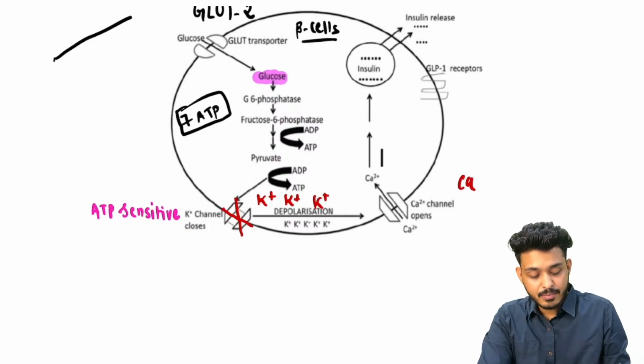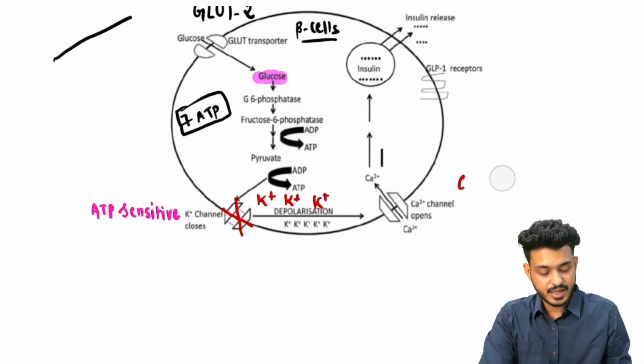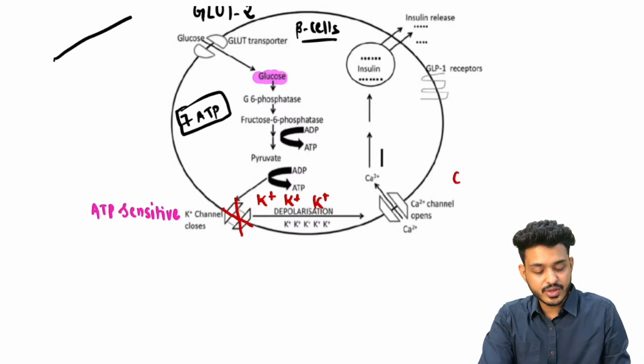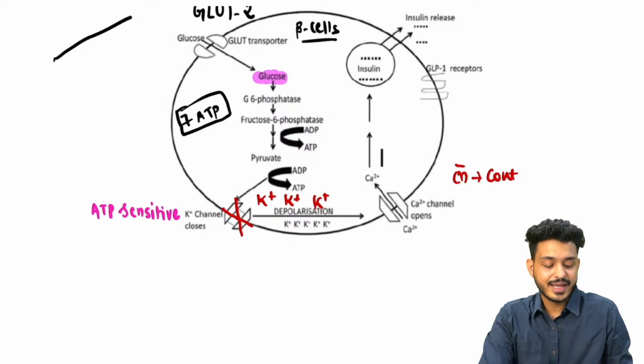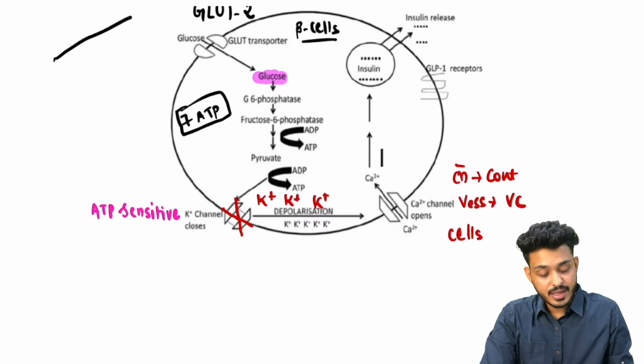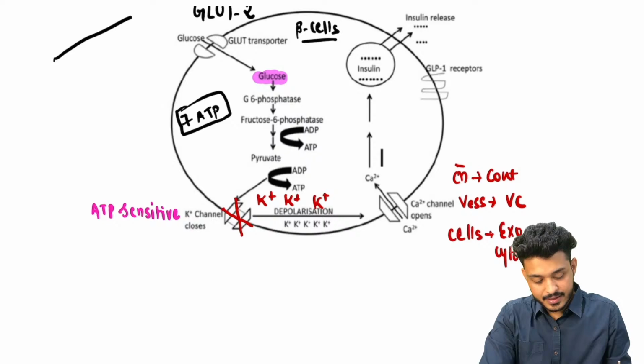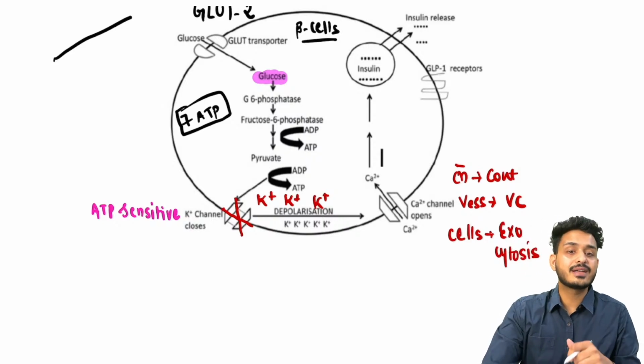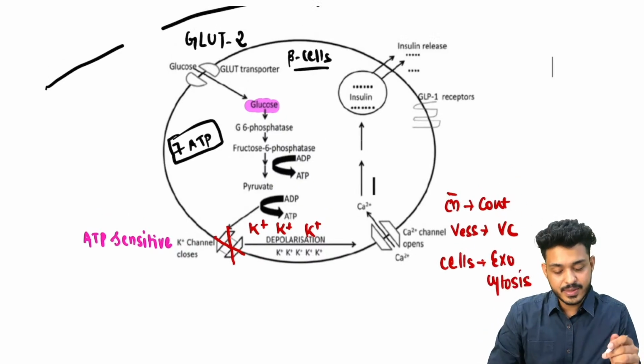Calcium in the muscle is always going to do what? Contraction. In the vessel, it is going to do what? Vasoconstriction. And in the cells, whenever any cell has entry of calcium, it will do a thing known as exocytosis. Exocytosis means something will be going out.